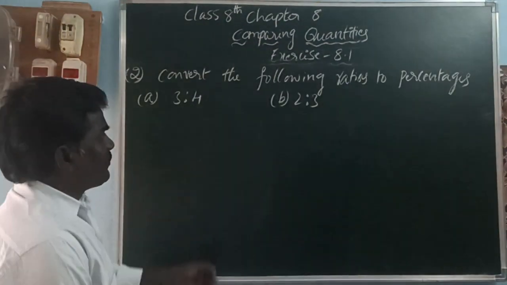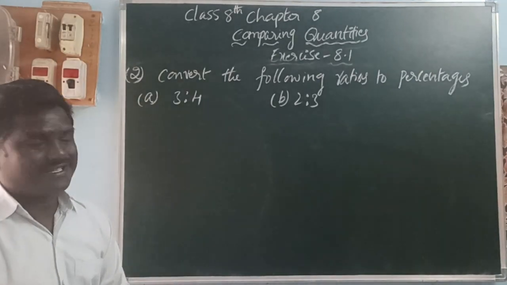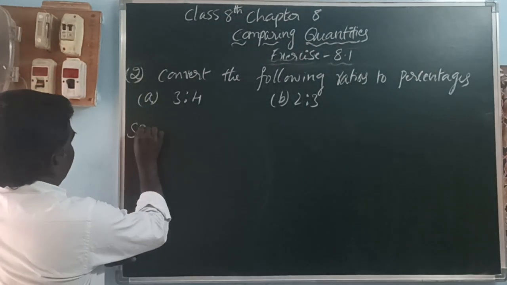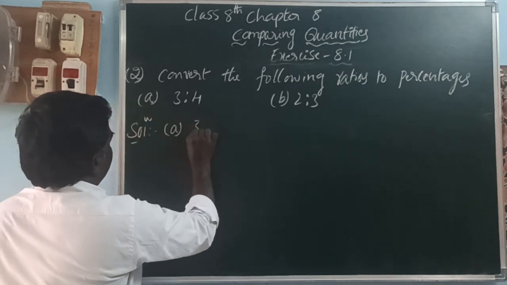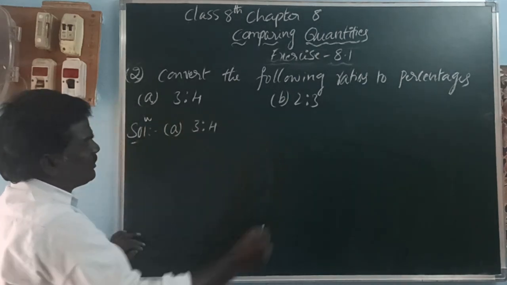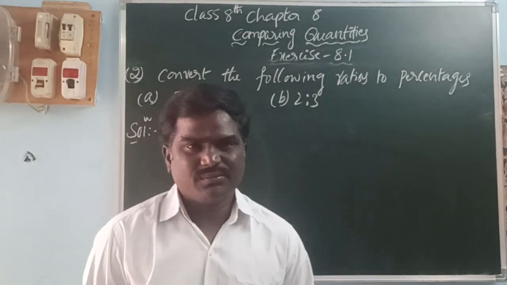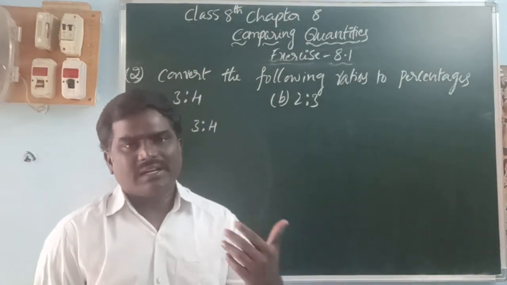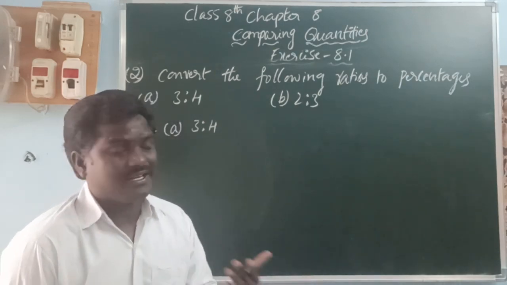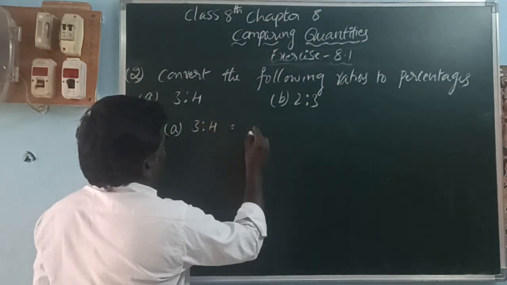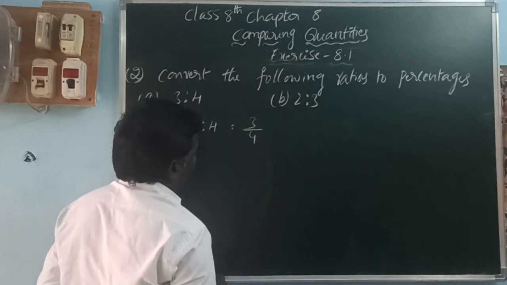Second question: convert the following ratios to percentages. First one, 3 is to 4. This ratio we can convert into a percentage. Percentage means per cent, for every 100. Ratio is division, that is 3 by 4.